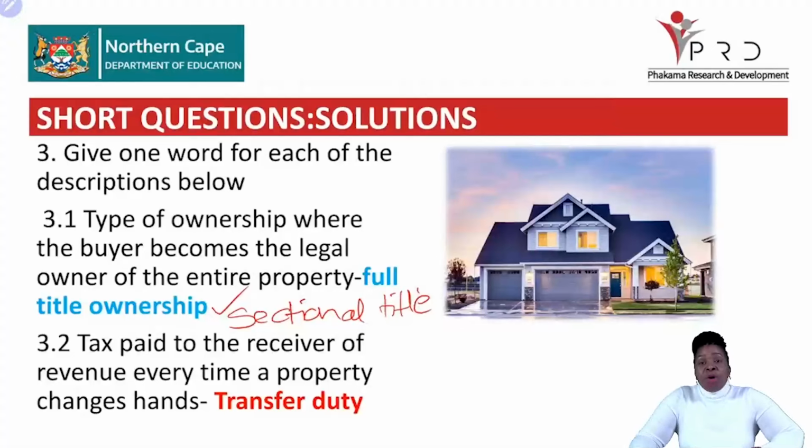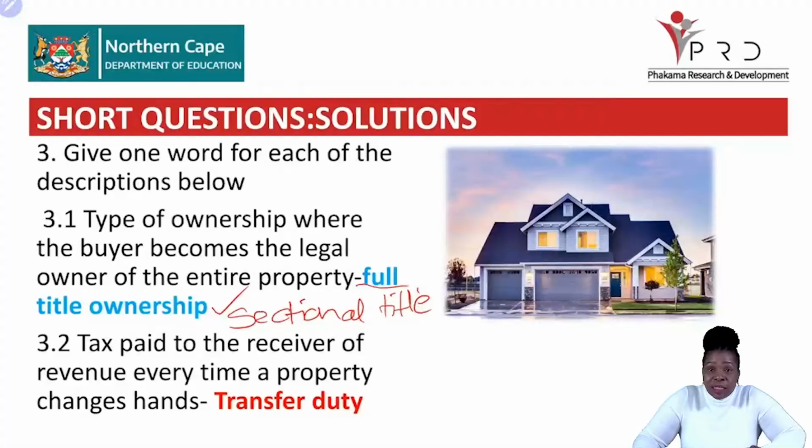Right. So people who own sectional title or sectional houses pay certain levies towards the maintenance of that area. So if the entire area needs to be painted, each and every household has to contribute to that. But if it's your own house, if you have a full title ownership, you decide whether you want to paint or you don't want to paint.